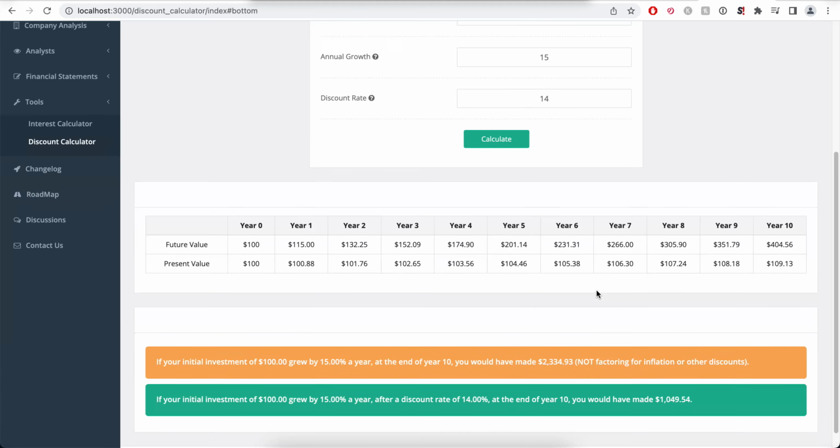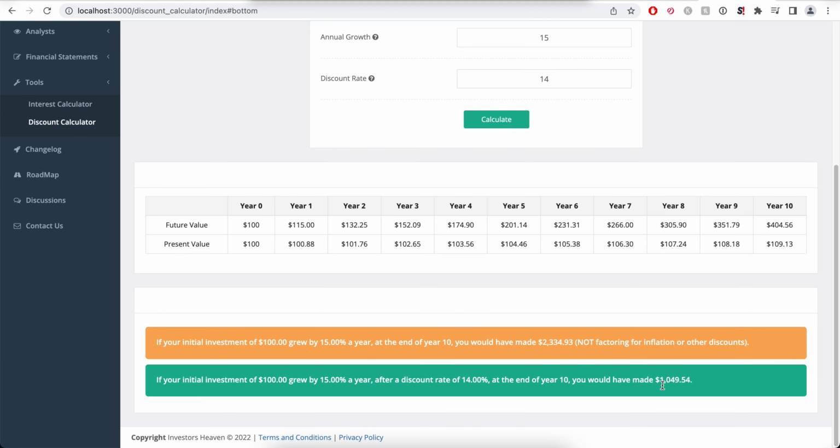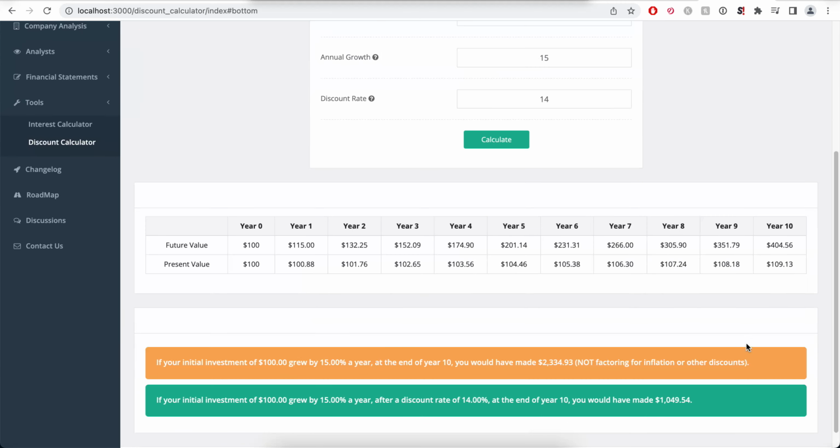So if you go here, you will see that what you would be making at the end of 10 years over here is a 14% gain, of course, because you have discounted for that. And in order to do that, you need to be paying this guy $1,000.50. Now, if you didn't have this discount, you would have calculated that you are making $2,334.